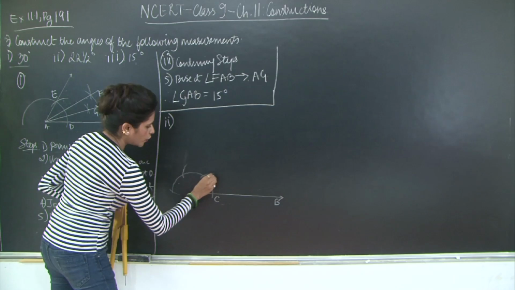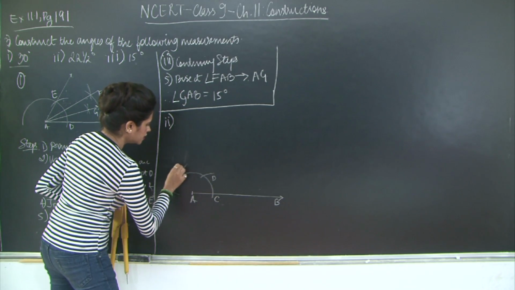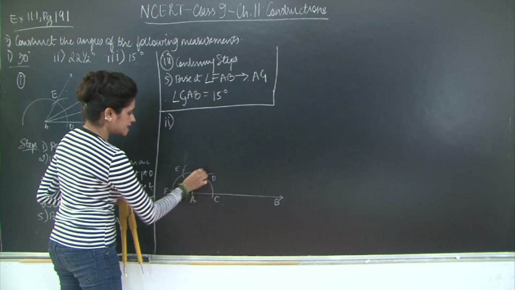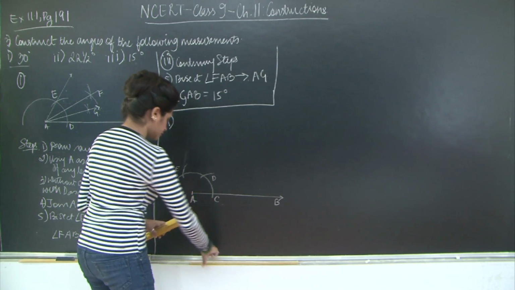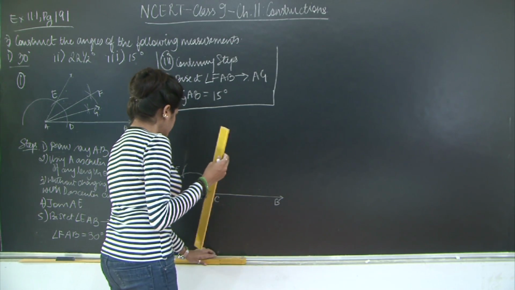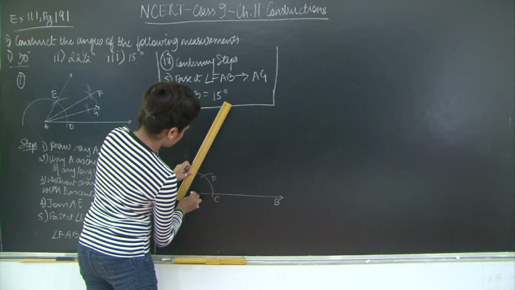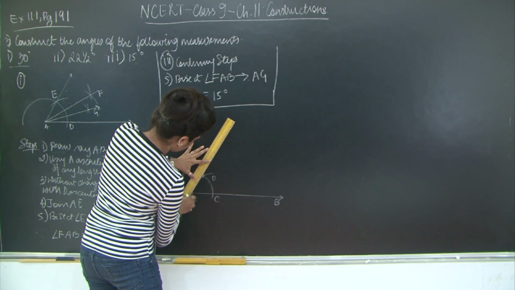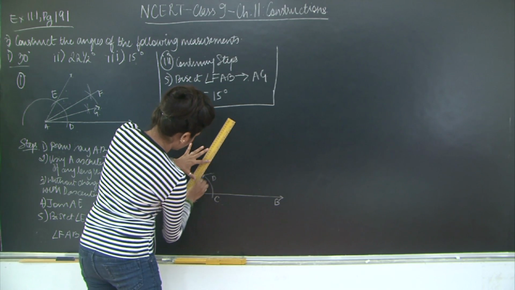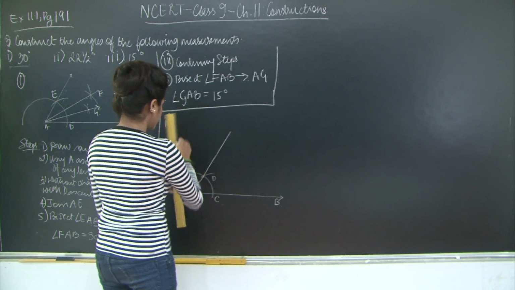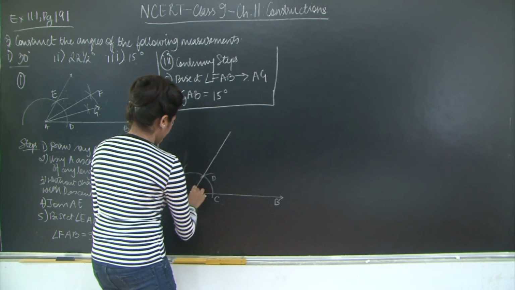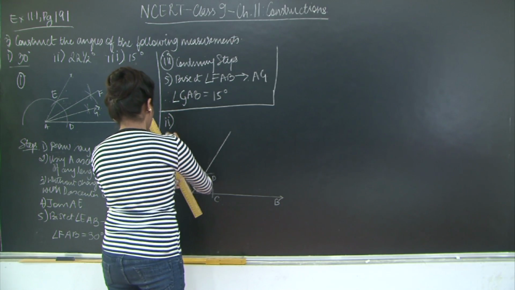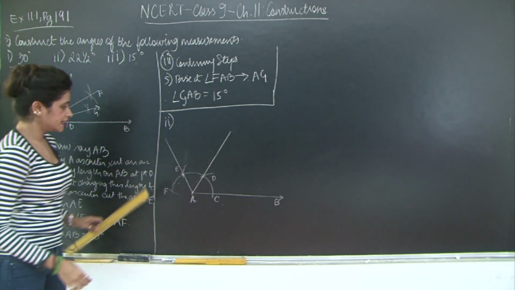So these are my 3 points, D, E and F. Now I am going to join AD and AE. So I joined AD and AE.